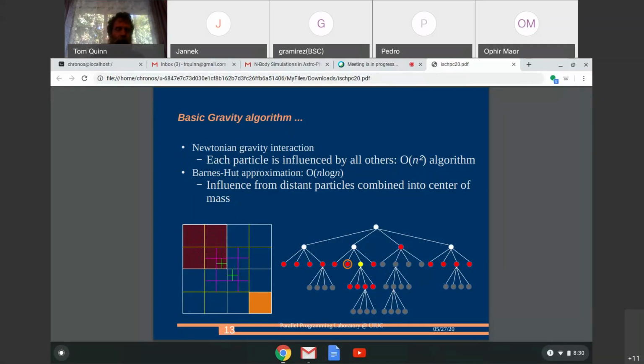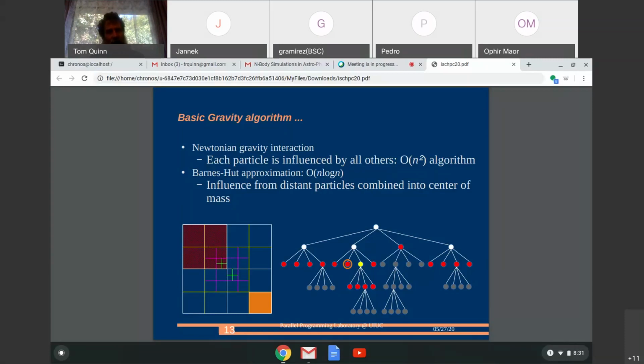We call it a multipole expansion. That is a monopole: we could represent all the mass in this volume by one particle at the center of mass. We're a little more sophisticated than that.